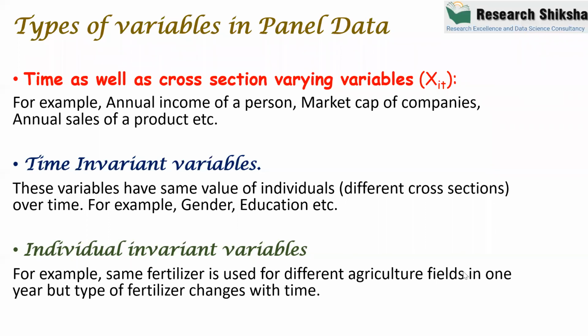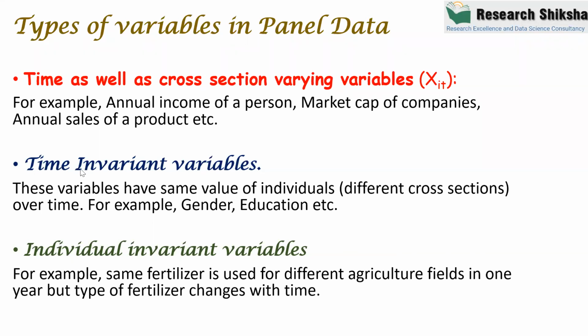No. Can I say it will be the same with time also? Can I say the market cap of these 50 companies will be the same in the next 20 years? No. So it means market cap is a variable which is different for different cross sections, and this variable will also be different in the next 20 years. So this kind of variables are known as time varying and cross section varying variables.